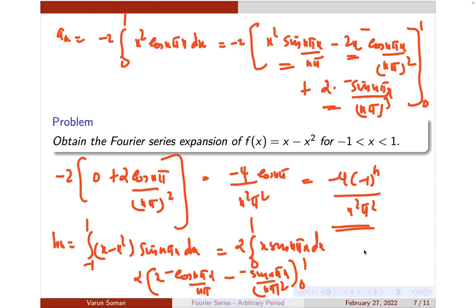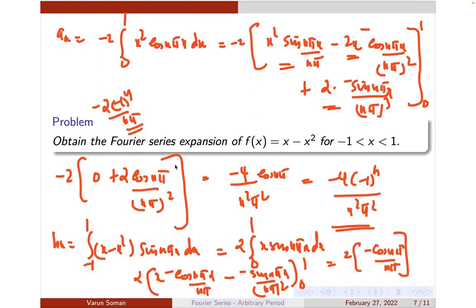When you apply 1, it will be 2 into minus cos n pi by n pi. When you apply 1 here, sin n pi becomes 0. When you give 0, the first quantity becomes 0 and the second quantity becomes 0. So I think it is 2 into minus 1 raised to n by n pi, with a minus sign. Please correct me if I am wrong.